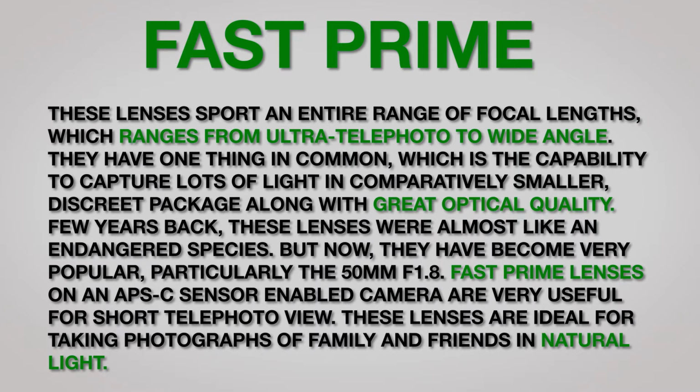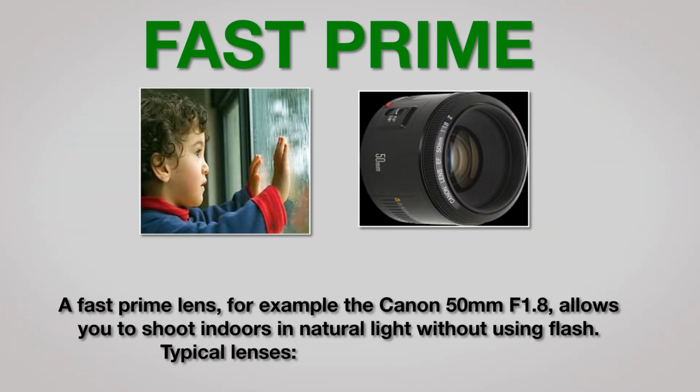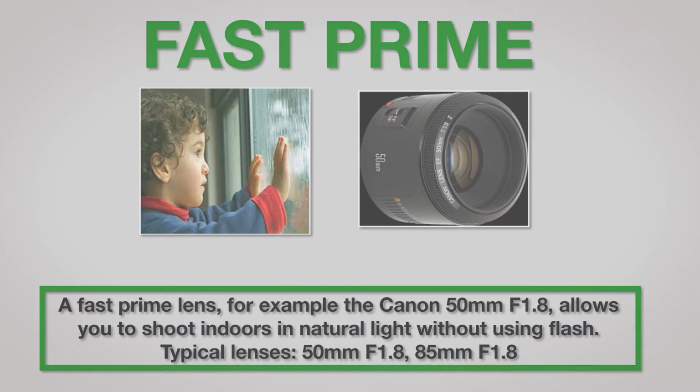Fast prime lenses on an APS-C sensor camera are very useful for a short telephoto view. These lenses are ideal for taking photographs of family and friends in natural light. A fast prime lens, for example the Canon 50mm f1.8, allows you to shoot indoors in natural light without using flash. Typical lenses: 50mm f1.8, 85mm f1.8.